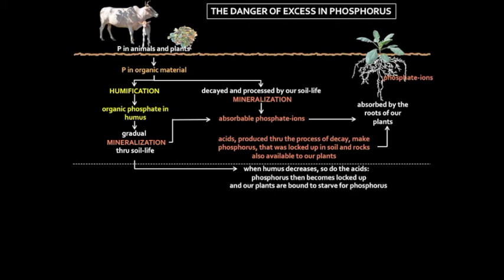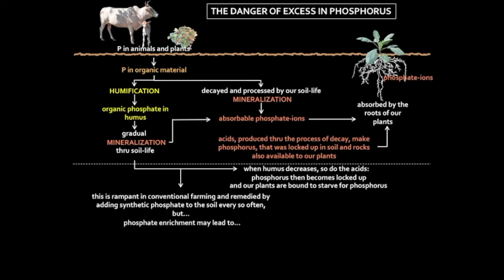Phosphorus then becomes locked up and our plants are bound to starve for phosphorus. This is rampant in conventional farming and remedied by adding synthetic phosphate to the soil every so often. But phosphate enrichment leads to a phosphate-saturated soil and phosphate strain.